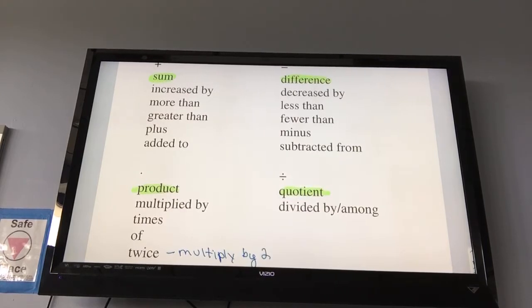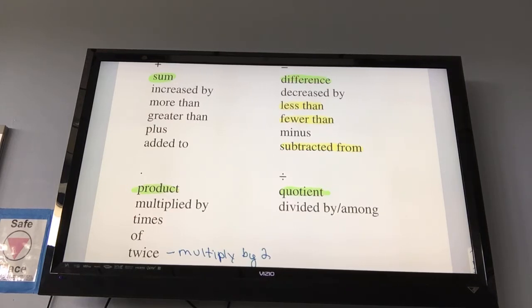There are some words and phrases on here that tend to trip people up just a little bit more than others, and they're these phrases: less than, fewer than, and subtracted from. When you see those three, it's not that you don't know it's subtraction, because that's not the case.